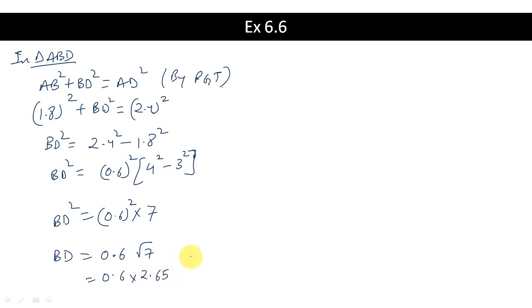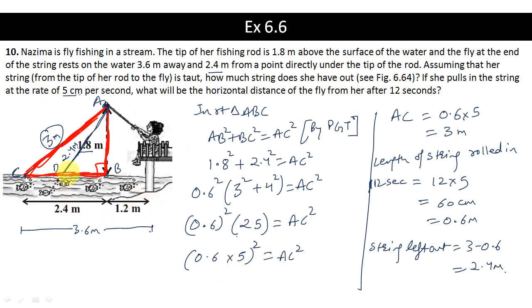So when I multiply 2.65 by 0.6, I'll get 1.59. So that means 1.59 meters. So this length BD is 1.59, or you can also say 1.6.